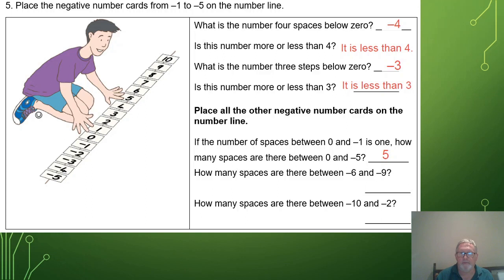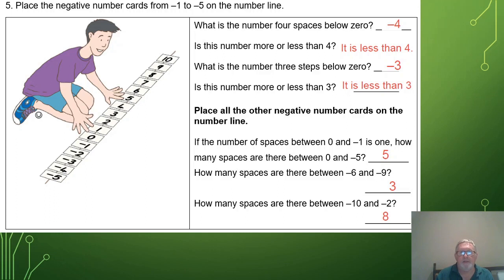Write in your answer. Did you say 3? I hope so. Now how many spaces are there between -10 and -2? Jot down your answer. And hopefully you said 8.